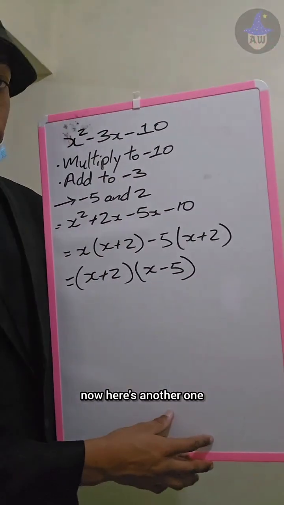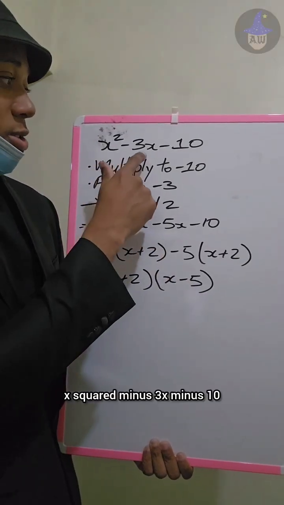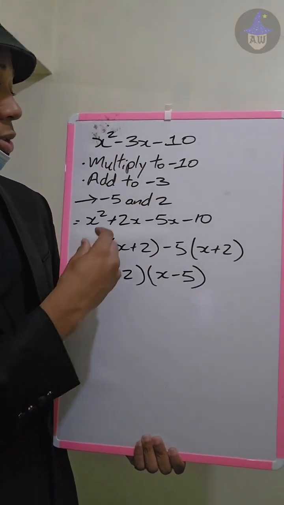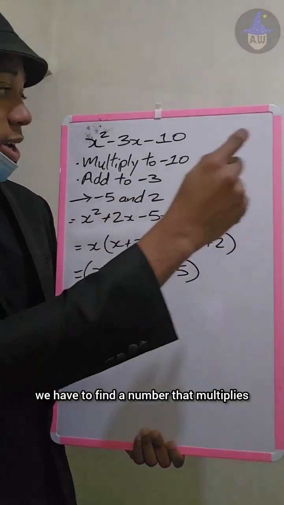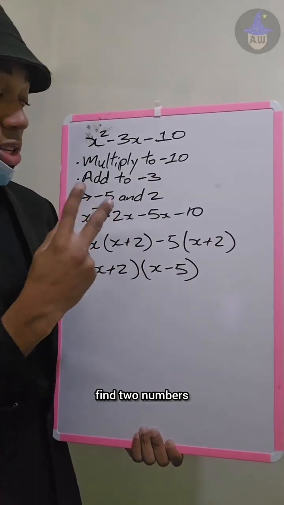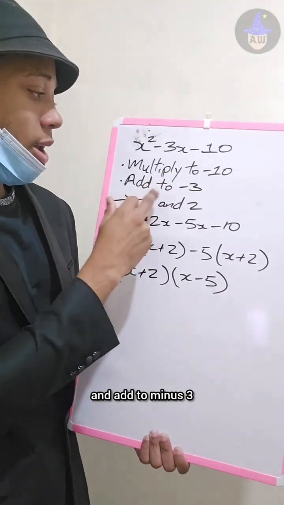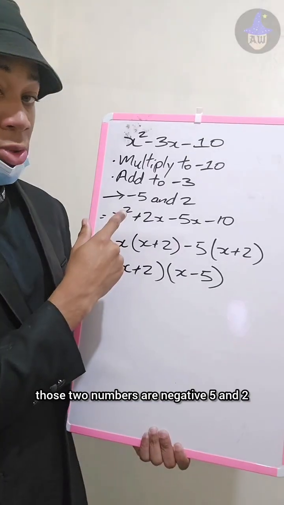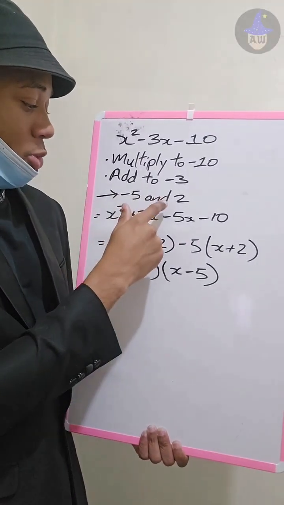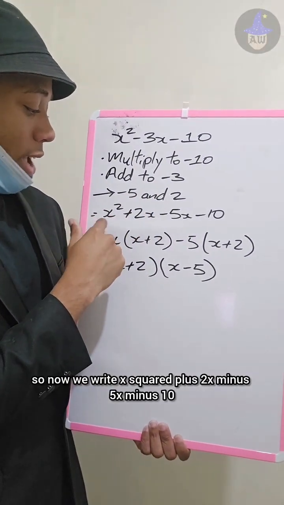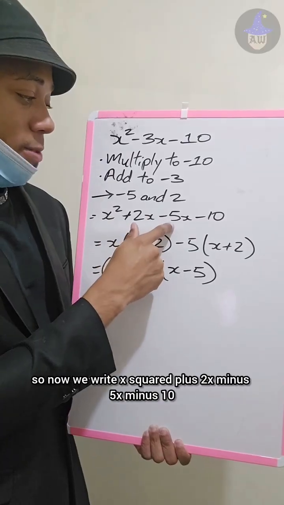And now here's another one. X squared minus 3x minus 10. We have to find two numbers that multiply to minus 10 and add to minus 3. Those two numbers are negative 5 and 2. So now we write x squared plus 2x minus 5x minus 10.